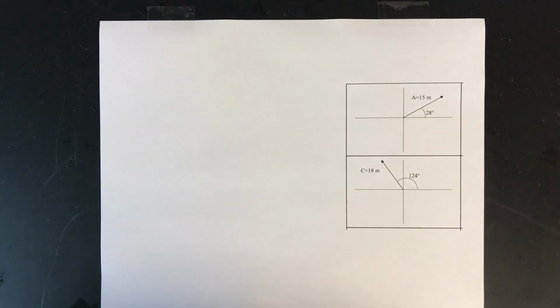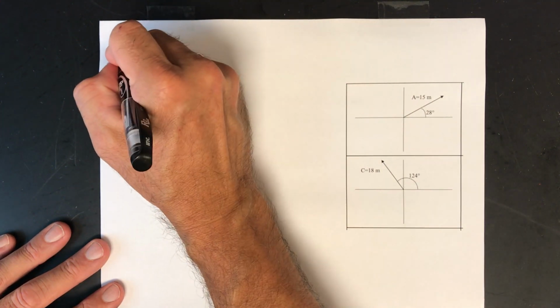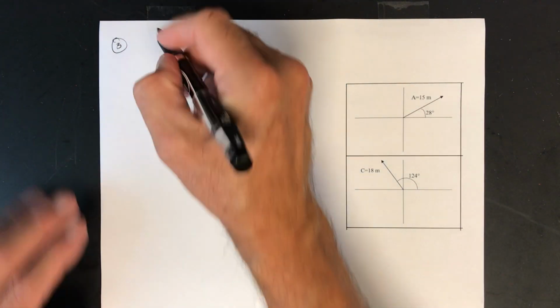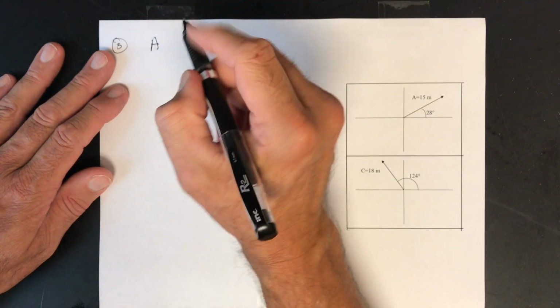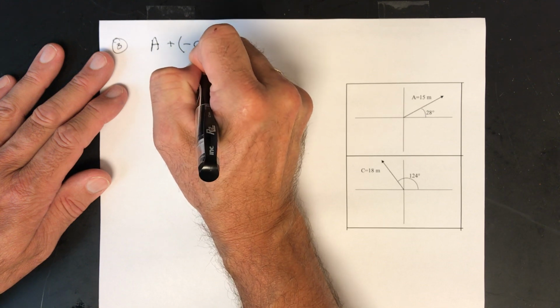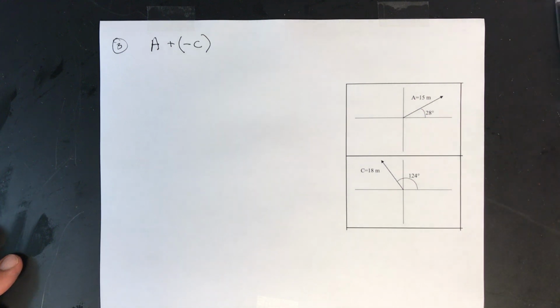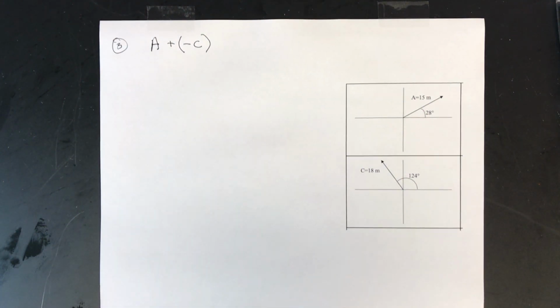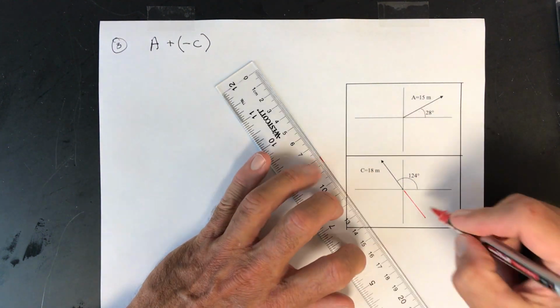So now let's do the third question, subtracting the vectors. So this is 3. And what we're doing is essentially taking and adding the vectors a plus a negative c. Okay, so we're still adding vectors, but we're going to reverse the direction of c. So the reversal of c is going to end up being the opposite direction like that.